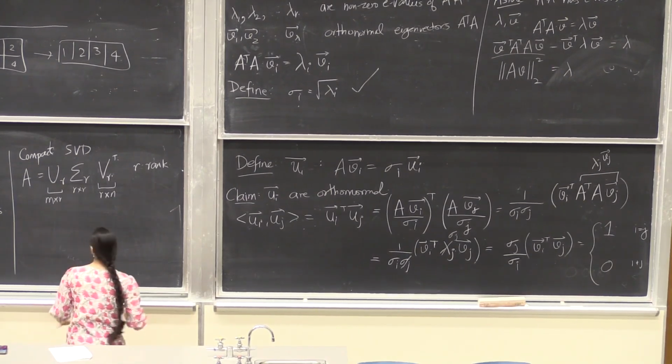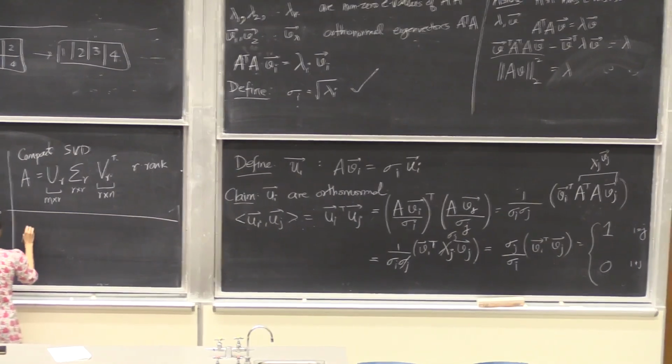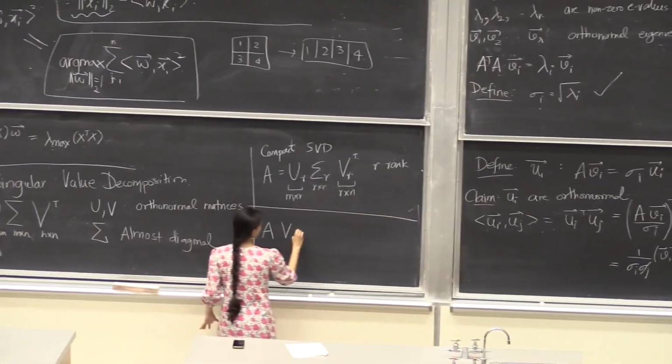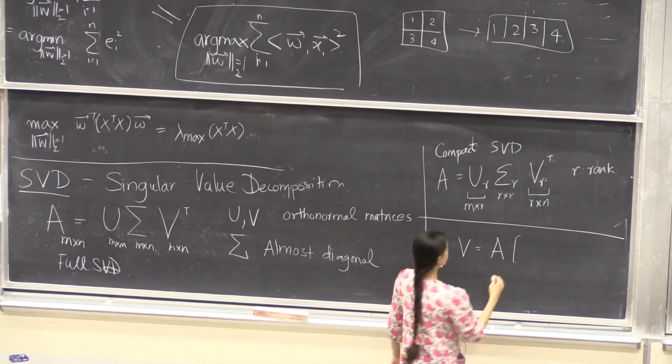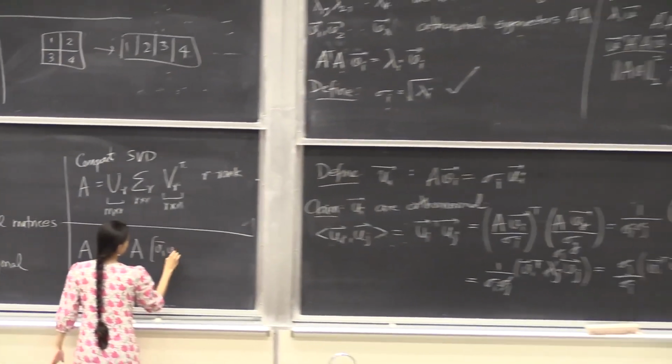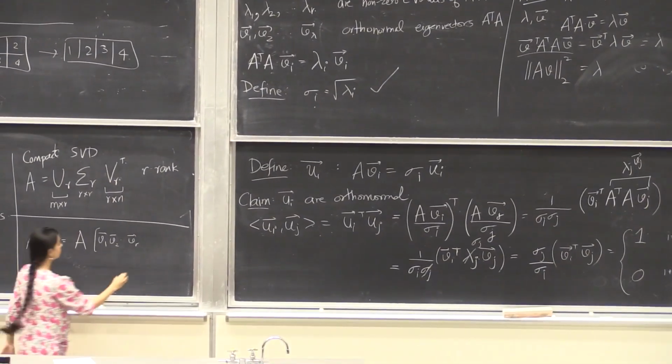And that gets me the columns of u and the columns of v as my orthonormal matrices. And just to verify, you can check, for example, if I take A times V, where I take v1, v2, all the way up to vr. These are my first r columns.